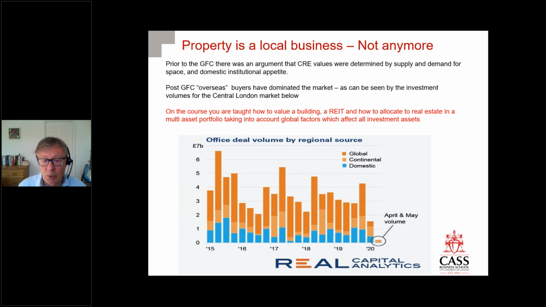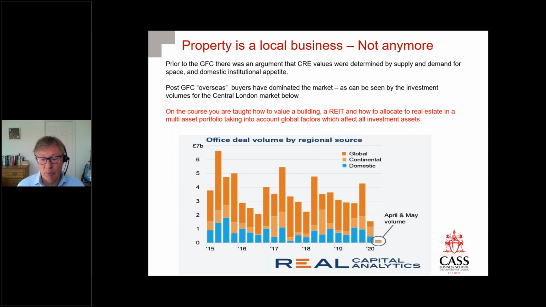In this chart, of the UK central London office market, blue represents domestic buyers, and the other two represent global or continental European buyers. As you can see, broadly speaking, over the last 5 years, domestic buyers have only accounted for about 20 to 30 odd percent of the market. The balance, i.e. the vast majority, has been overseas buyers.